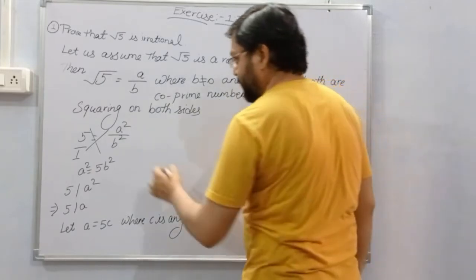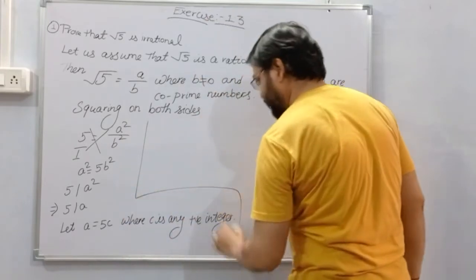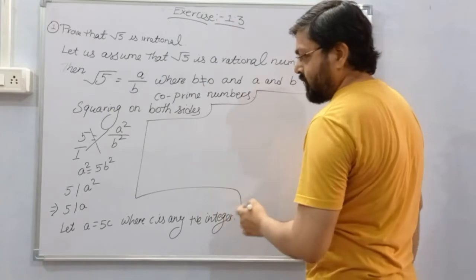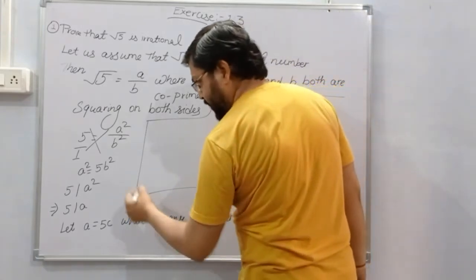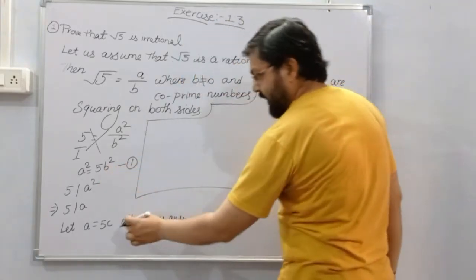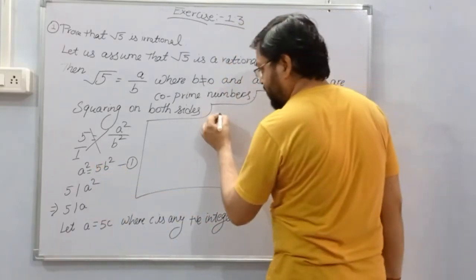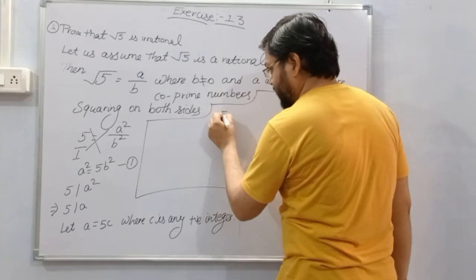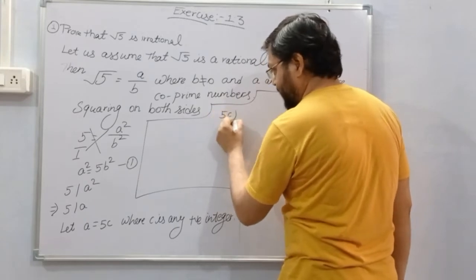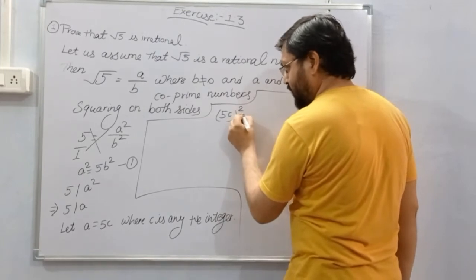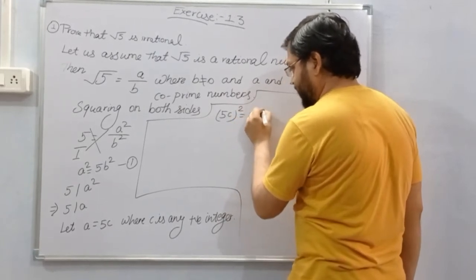Okay. I can put this value into equation number 1. Means (5c) square is equal to 5b square.